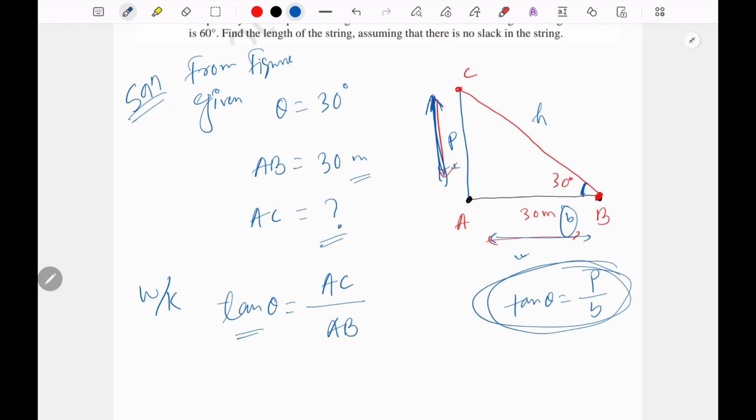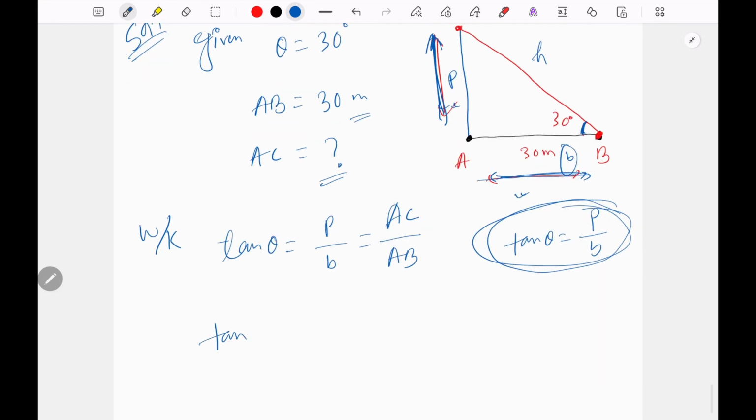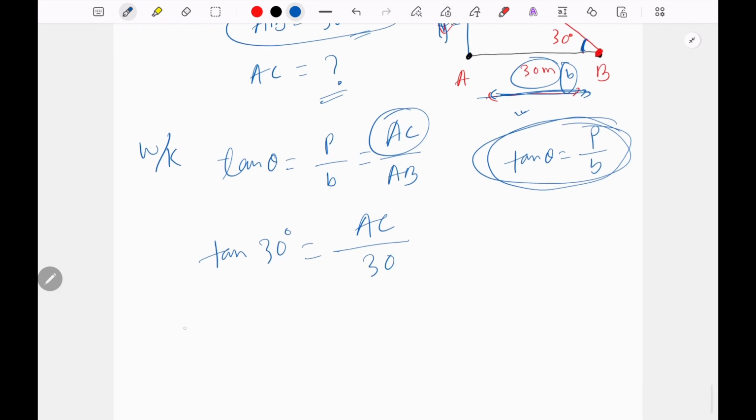So we can write tan theta as AC divided by AB. Now theta is 30 degree, so you write tan 30 degree equals AC, the length we need to find, divided by AB, which is given as 30 meter, so you put 30 here.